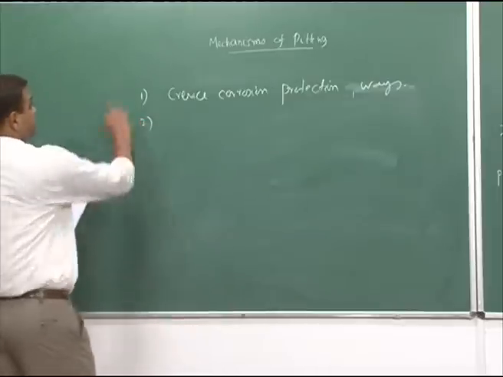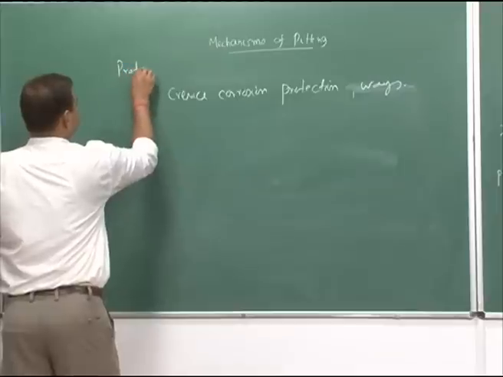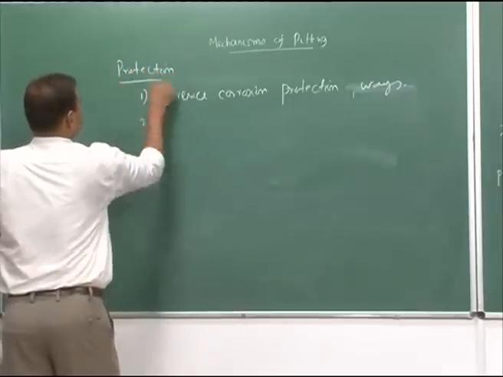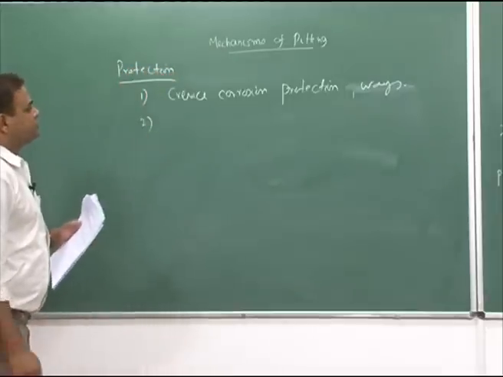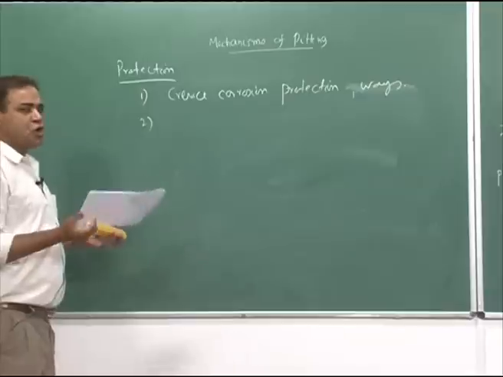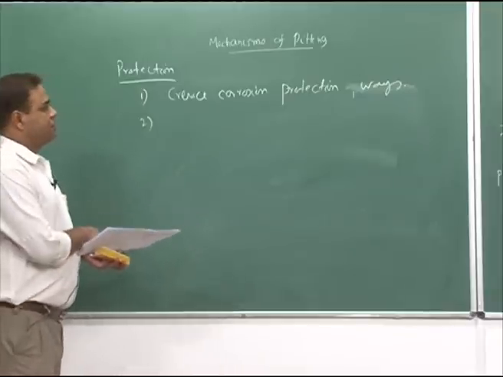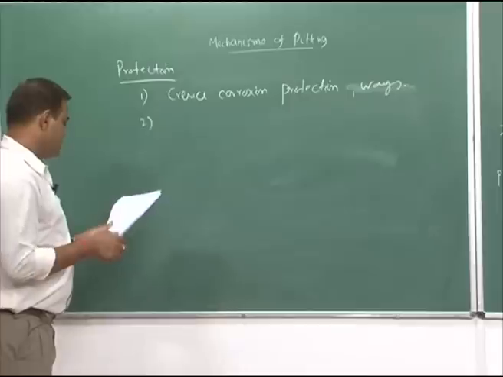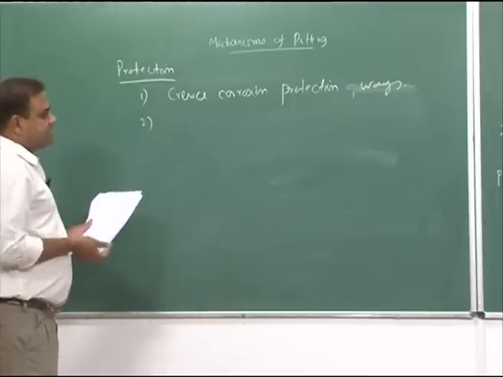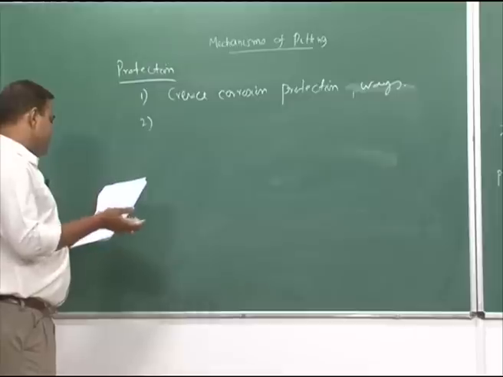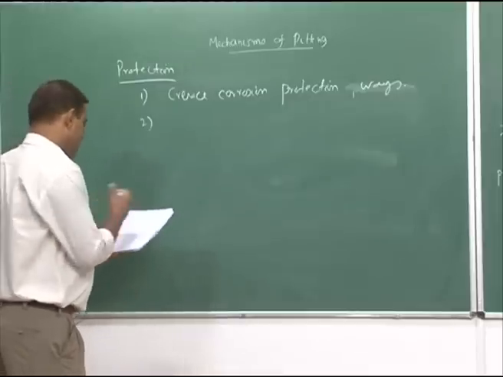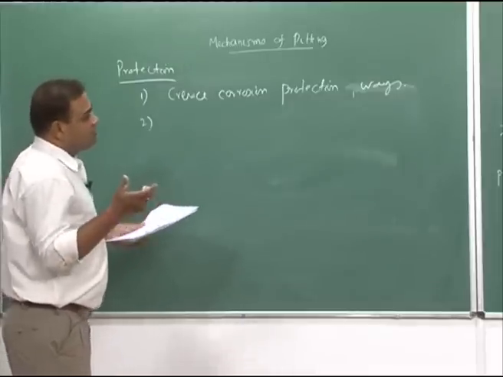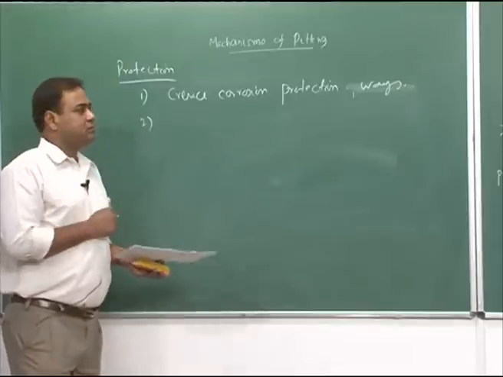Second is protection by making the passive layer more strong, more adherent, more stable. So, generally if you consider stainless steel, we add molybdenum. If we add molybdenum, the passive layer becomes more stable.